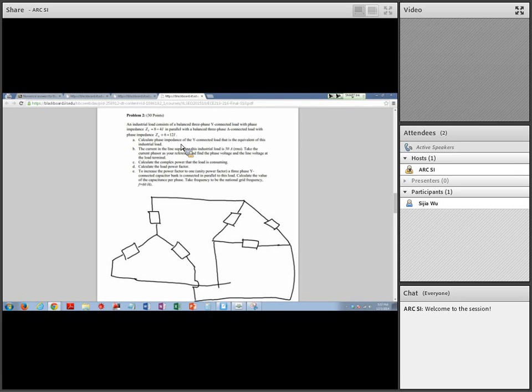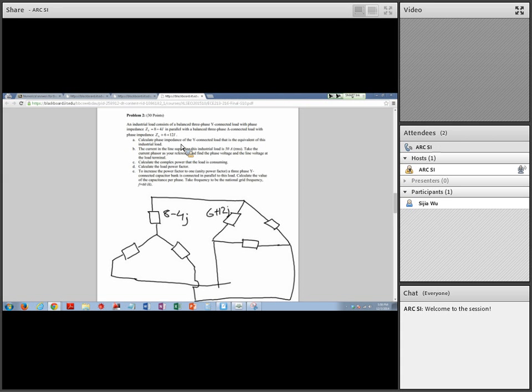We have 8 minus 4j, and here it's 6 plus 12j. There's a relationship between Y and delta, right? One is a third of the other, when you do impedances.